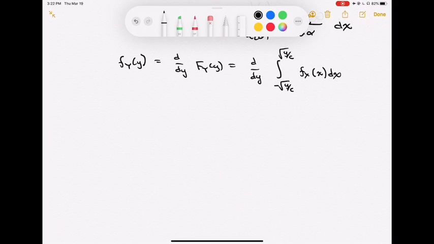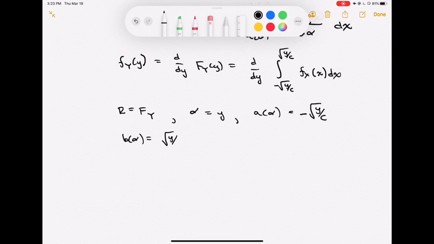So I'm going to use the notation we had from Leibniz. It had a capital R. The capital R in our case is cap F of y. We had in Leibniz a parameter alpha. Well, in our case, that is just y. We had a lower limit that could be a function of whatever that parameter was. In our case, that is minus root y by c. We had an upper limit that, by the notation from the book, was b of alpha. In our case, that is root y by c.